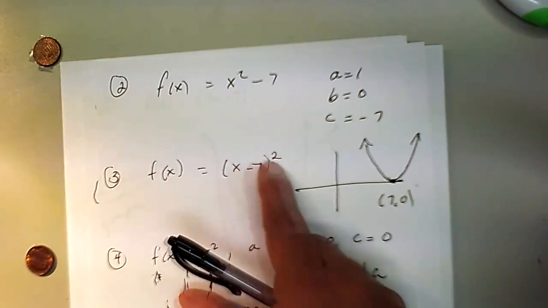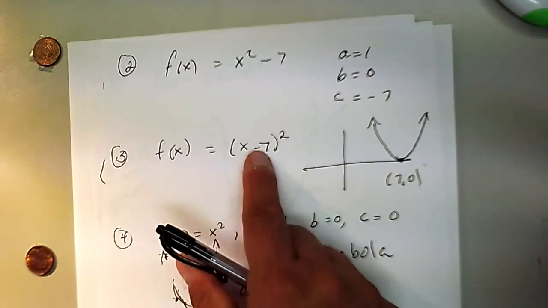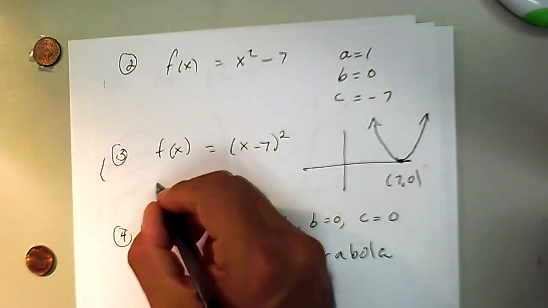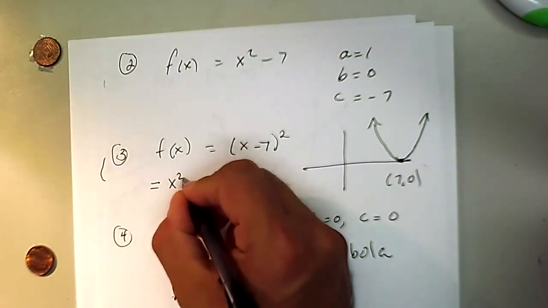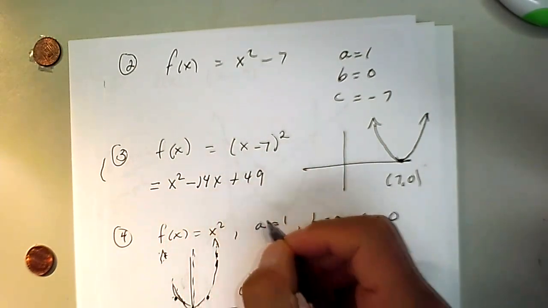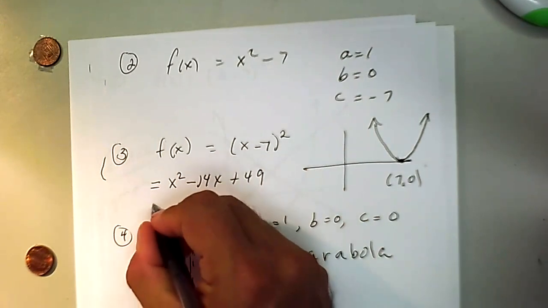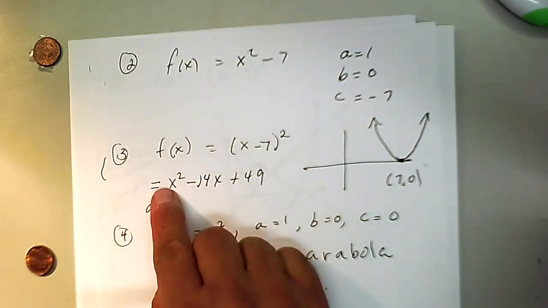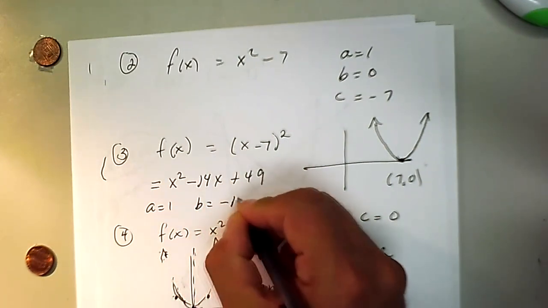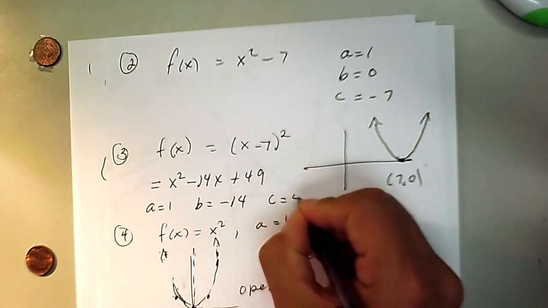So we have to FOIL this out to figure out what a, b, and c are. When we FOIL it, we get x squared minus 14x plus 49. So a is 1. That is the coefficient of x squared. b is negative 14, and c equals 49.